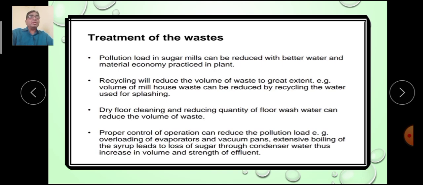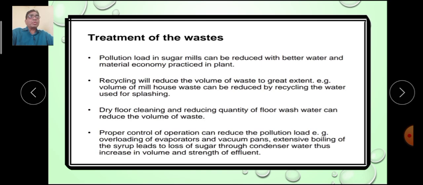Recycling of water reduces the volume of waste to a great extent, therefore water should be reclaimed. Okay. And dry floor cleaning and reducing the quantity of floor wash water can reduce the volume of waste. And therefore these are some treatments for waste.